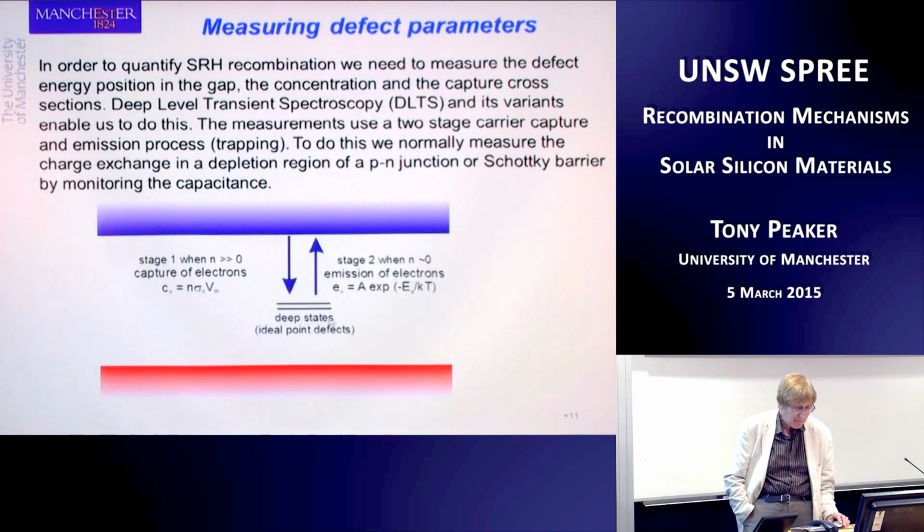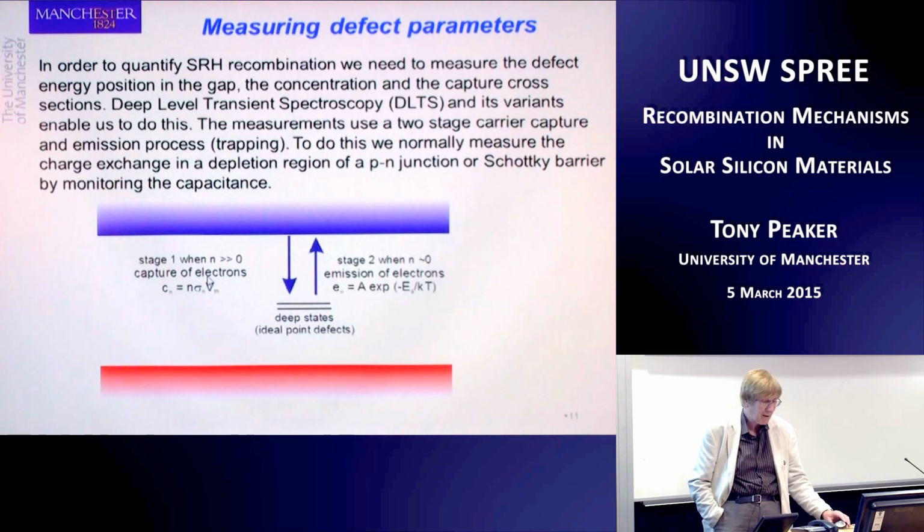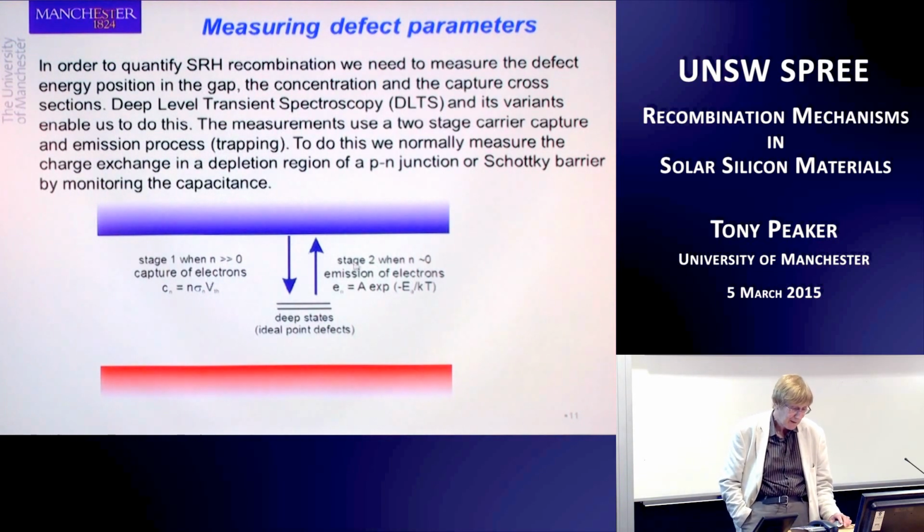So this is the way we measure it. We have these defect states, which can be metals or they can be structural defects. We capture into this by flooding this region with carriers. I've drawn it for electrons here. And then we release the carrier. So here, with this process, we can get the capture cross-section, which we needed in the equation there and in the full equations of Shockley-Read-Hall.